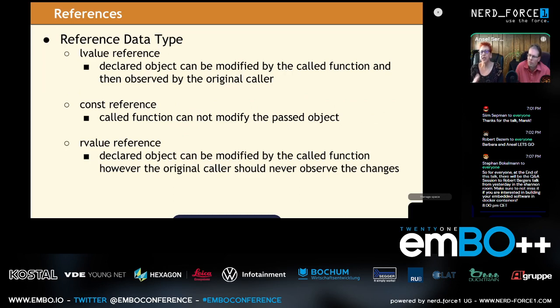Everybody knows that you actually mean a const L value reference. There is actually the possibility to use a const R value reference, but it's almost never useful and it's only of value in some very odd corner cases. So these are the three types of references that you need to be conscious of when you're programming in C++.